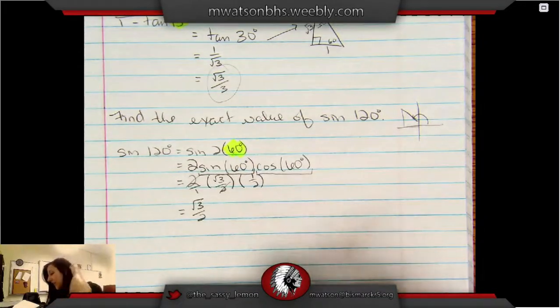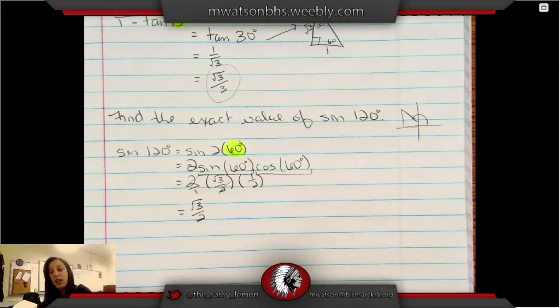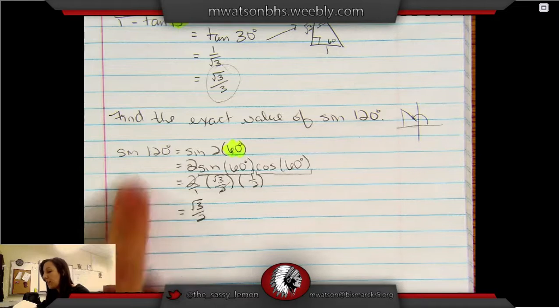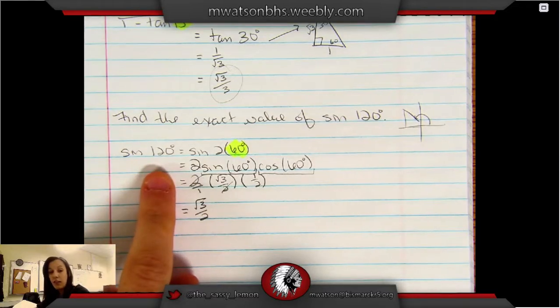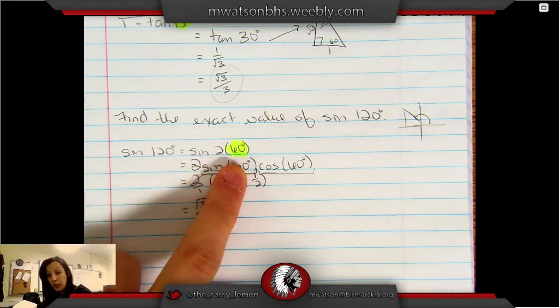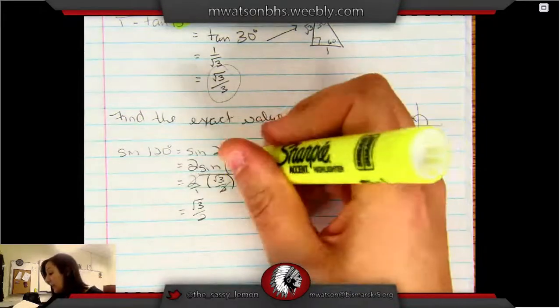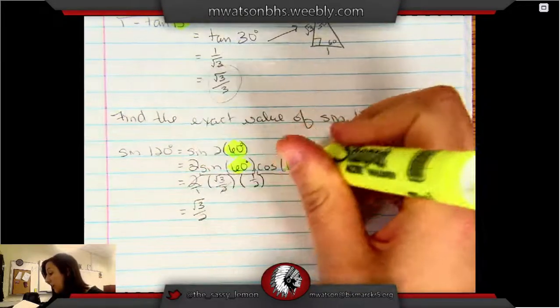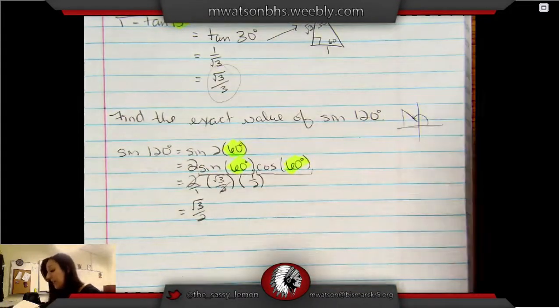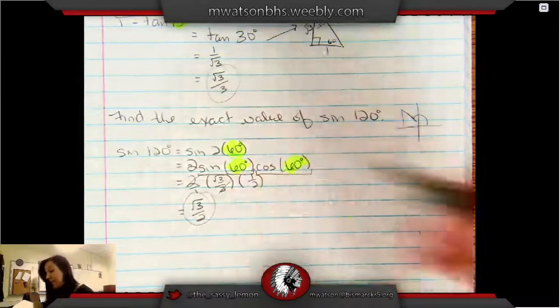So there you can see it's a multi-step process, but once you practice it a few times, it'll really start to become second nature. You see this big angle, you realize that if we broke it in half, we could find something about 60 degrees. So we use the double angle formula, and then whatever we find for theta, we plug in for theta in the actual formula, going left to right, and then we evaluate it and get our final answer.